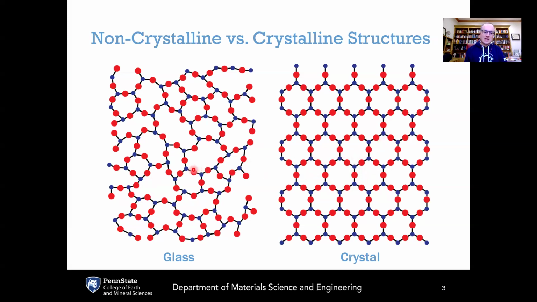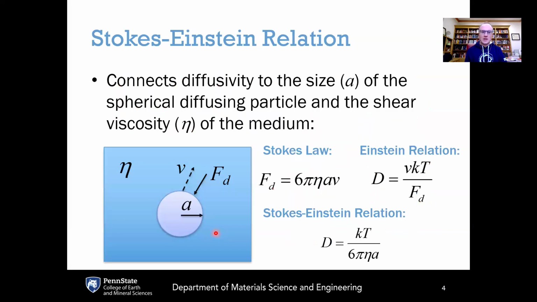Whereas on the glassy side here, there's a greater variation in bond angles. There's greater variation in ring sizes and connectivity. And so even though it's the same basic unit, the fact that there's more randomness in how those units are connected leads to this non-crystalline glassy structure on the left compared to the perfect crystal here shown on the right.